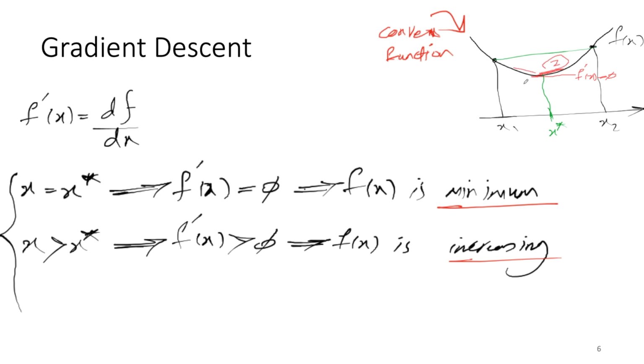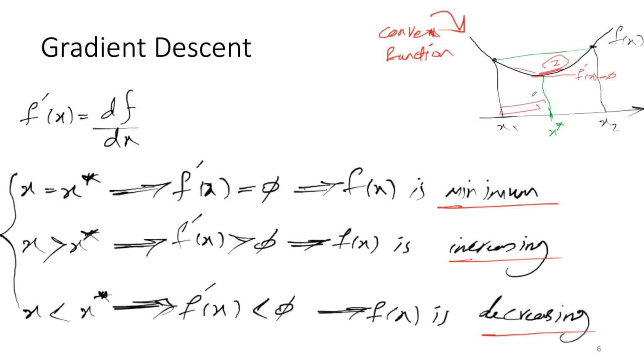And case number 3 would be that you were in this area, your x was smaller than x star, and that's why your f prime of x would be smaller than 0, so f of x, the function, was in a decreasing mode. So using these three simple assumptions, we could apply our gradient descent.